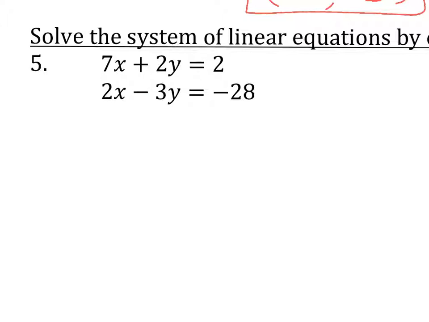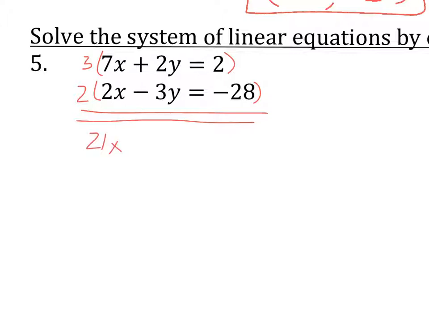So the top equation, in order to make a 2 into 6, I multiply by 3. The bottom equation, in order to make a 3 into 6, I multiply by 2. So now I'm rewriting both equations. Okay, so 3 times 7x is 21x. 3 times 2y is plus 6y. 3 times 2 on the other side of the equal sign is 6.